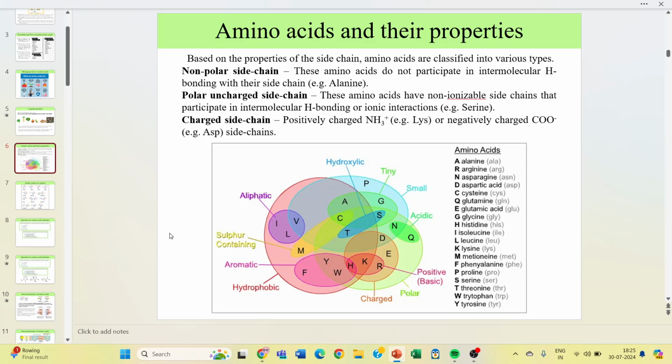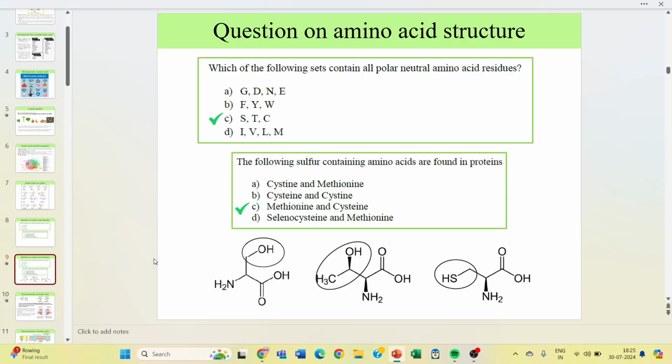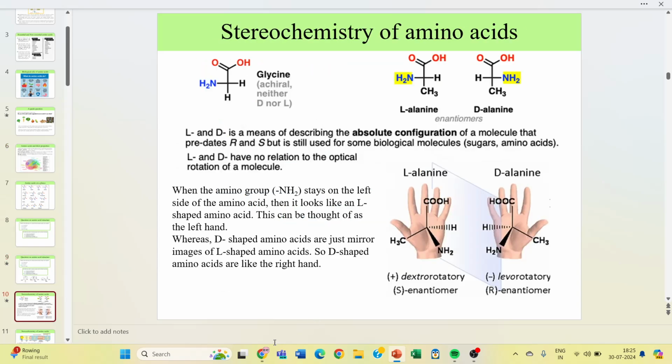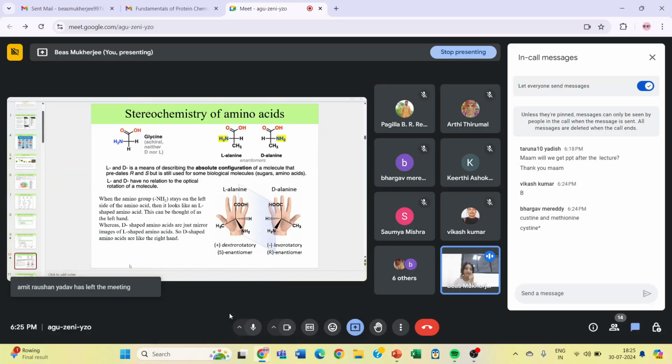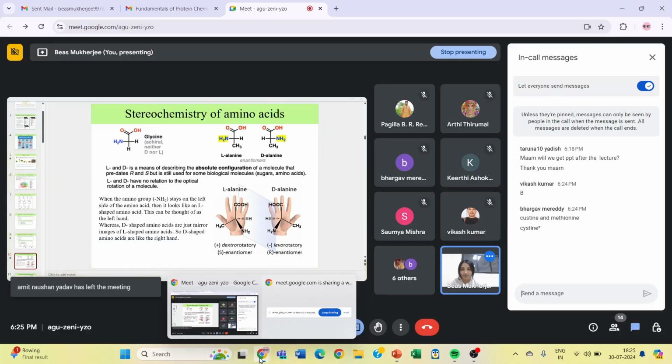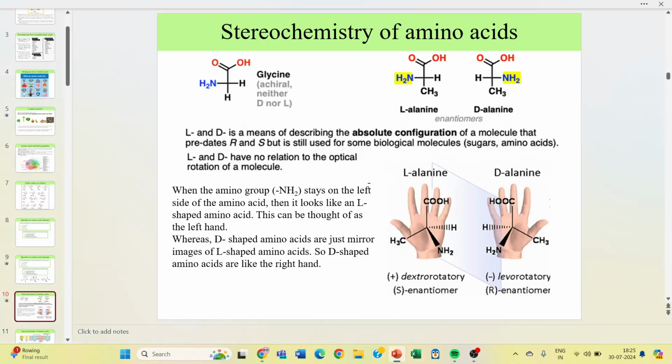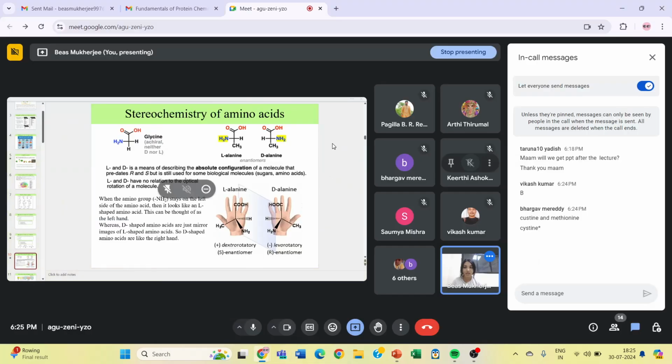Okay, so we move on to the next topic, which is stereochemistry of amino acids. Now if you look at glycine, what is exactly chirality?